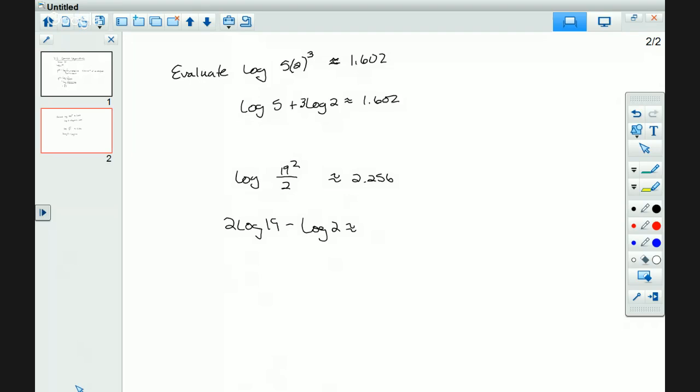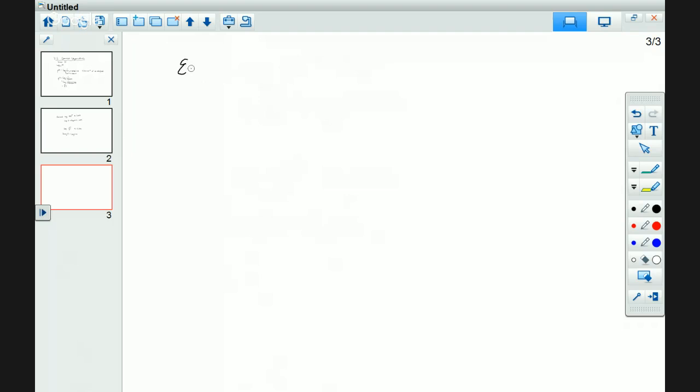Here's an example of a non-calculator. So we're going to give you the log 7 is 0.8451. So that's your given information.